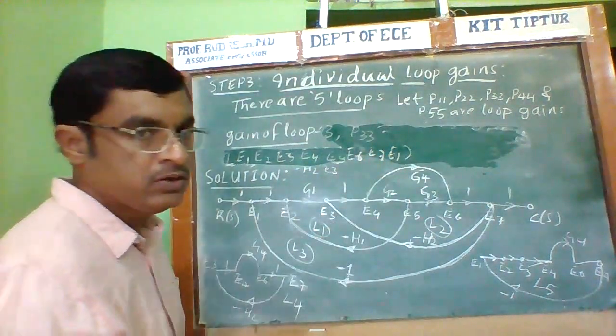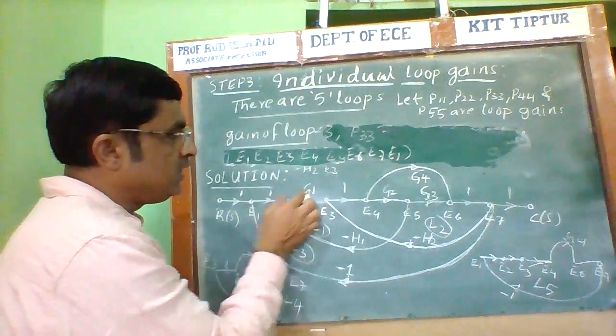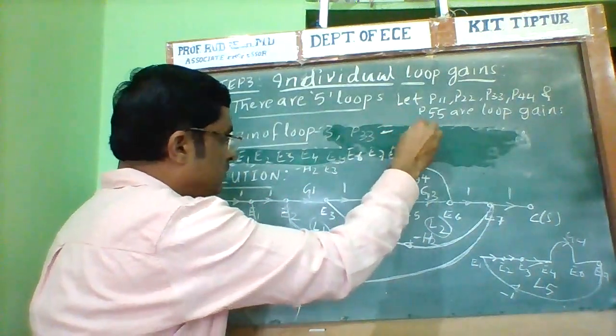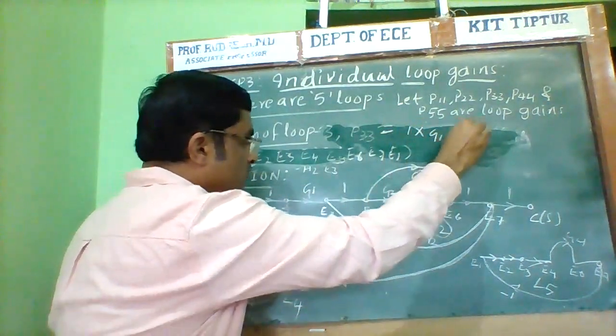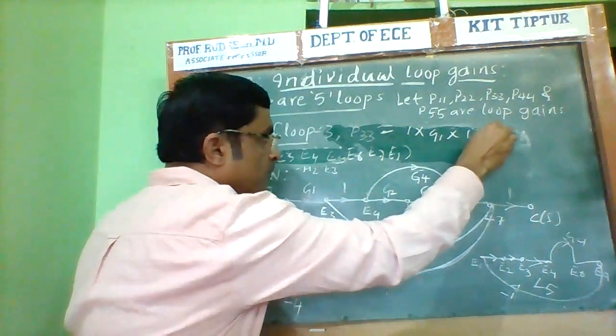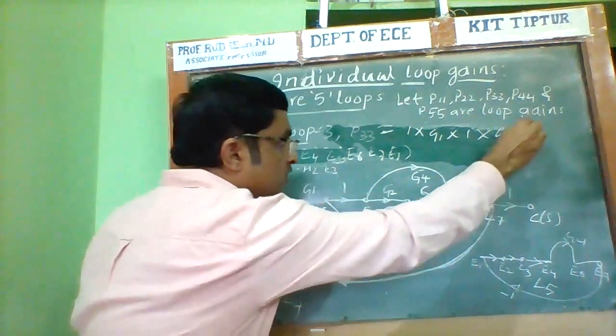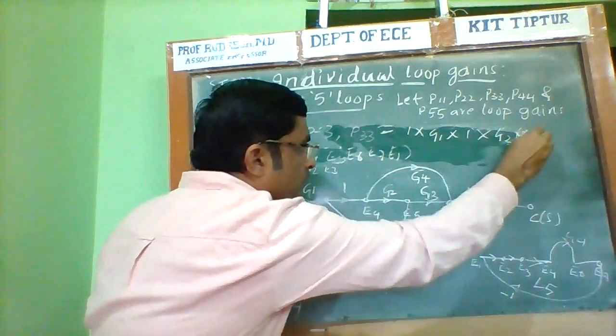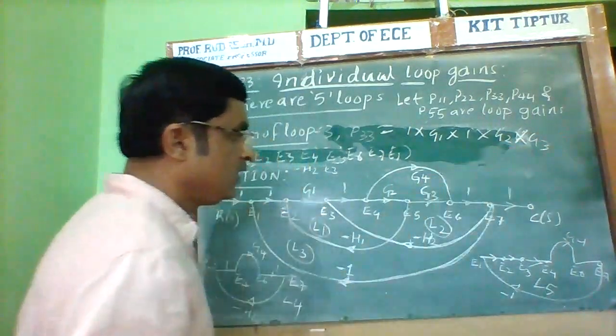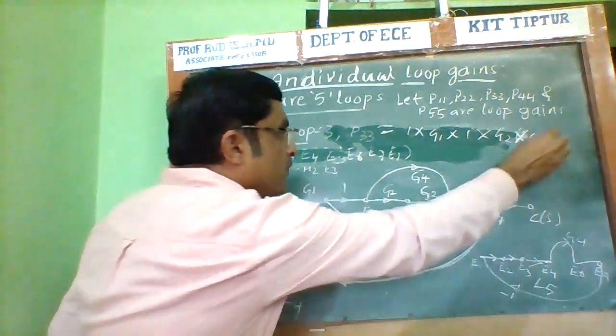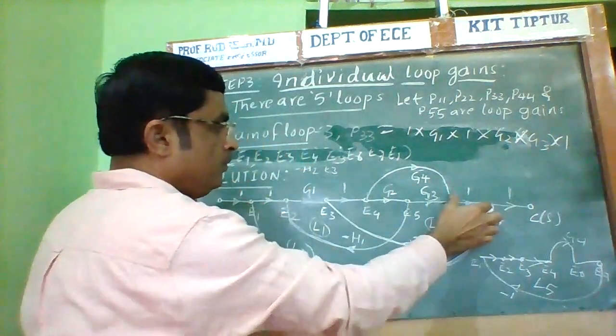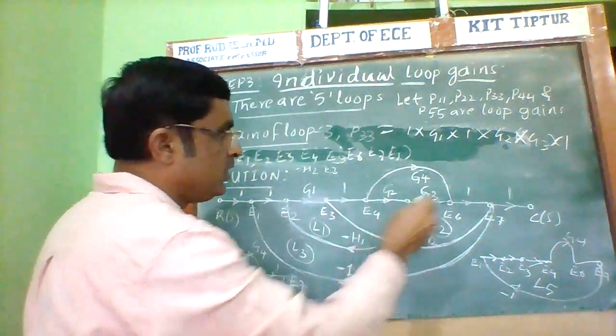Now this is the path. Therefore, we need to multiply 1 into G1 into again 1 into G2 into G3 into again 1, and then minus 1.